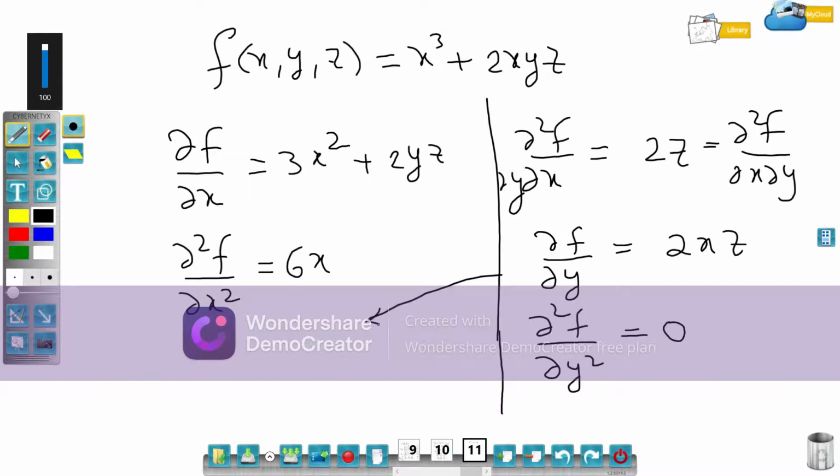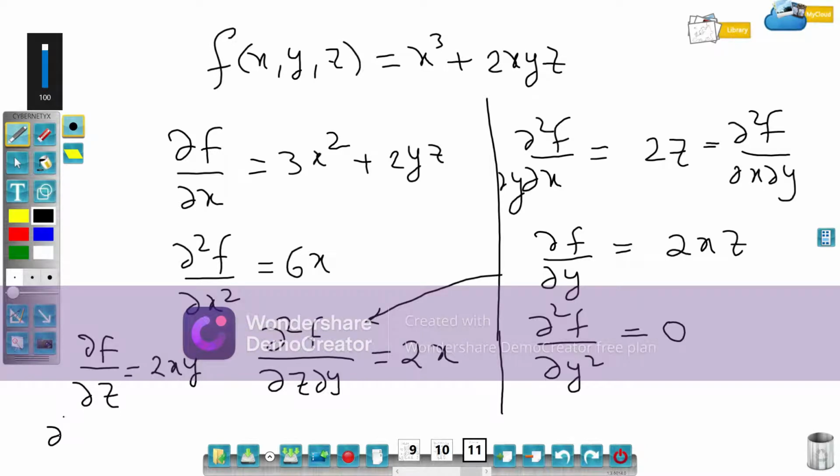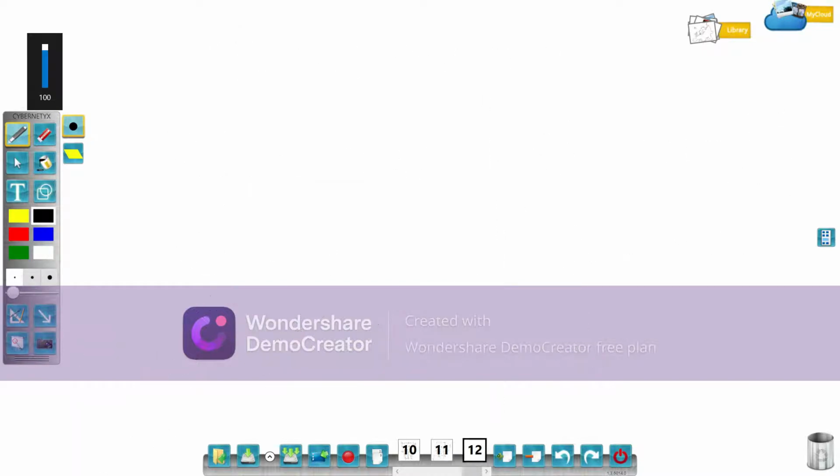From this we can even calculate ∂²f/∂z∂y is 2x. ∂f/∂z is basically 2xy, and ∂²f/∂z² is 0. Okay, so let's substitute the values now.